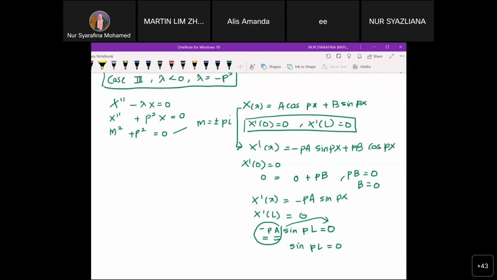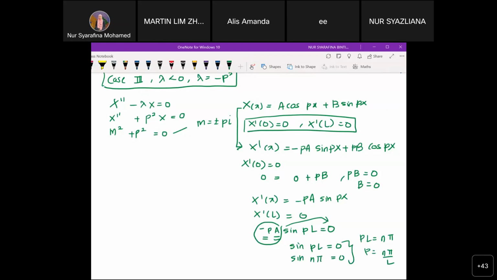And sine what equals 0? Sine n pi equals 0. Remember in Fourier series, sine n pi equals 0. And from here, you can conclude that pL equals n pi. So p equals n pi over L.